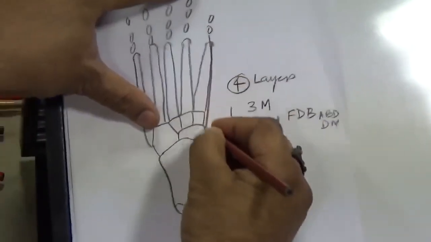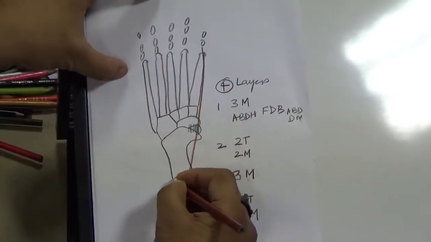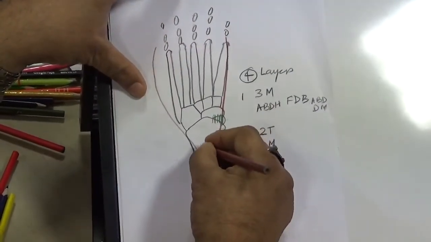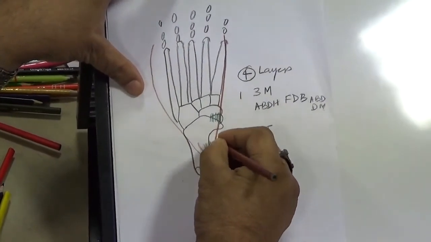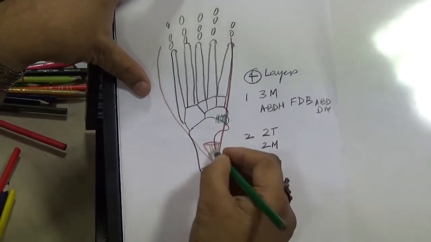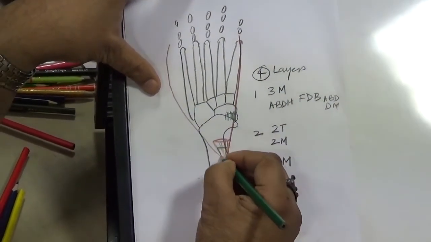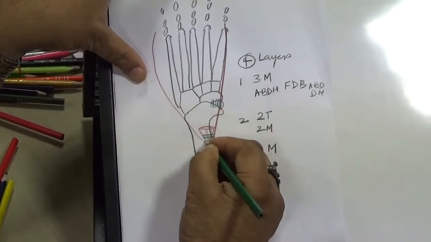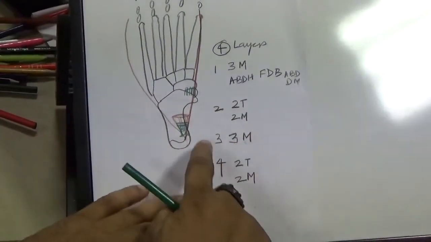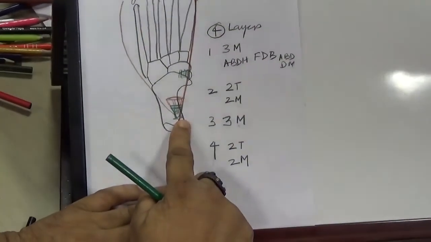This is the direction of abductor hallucis. This is the direction of abductor digiti minimi, and in between you have the flexor digitorum brevis, covered by the plantar aponeurosis. So these are the 4 structures that are attached to the medial calcaneal tuberosity.